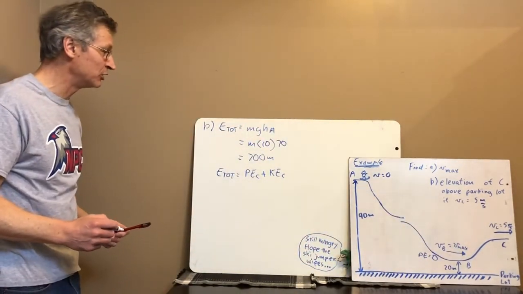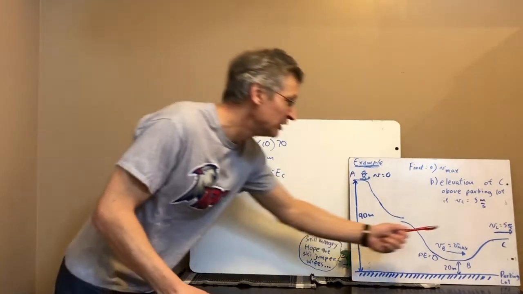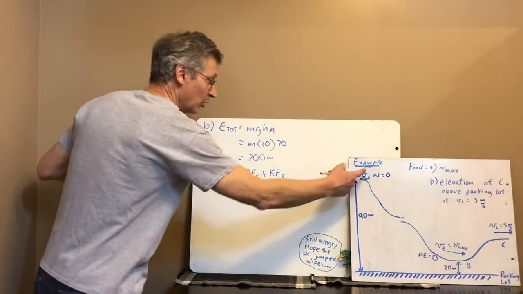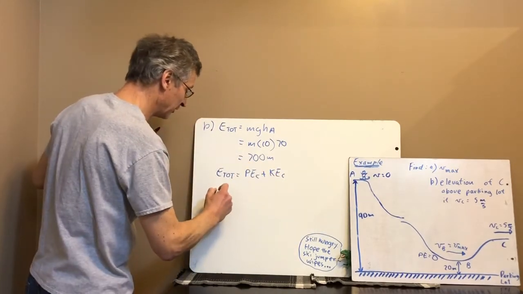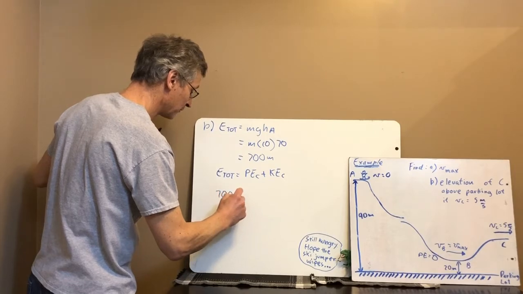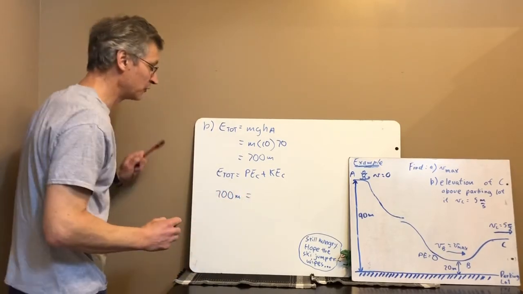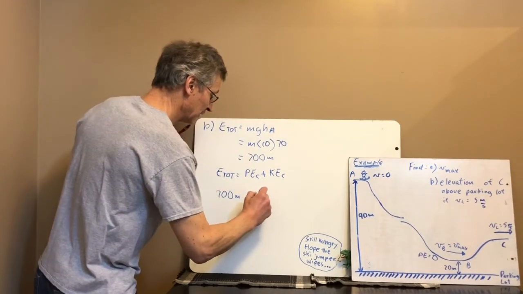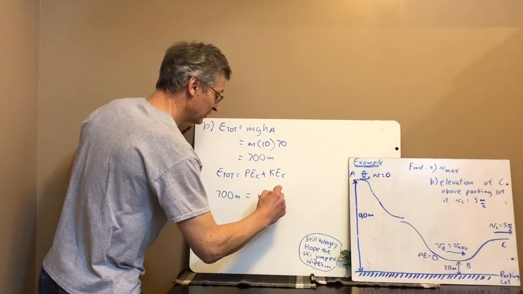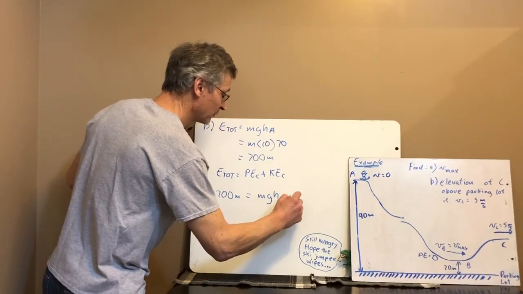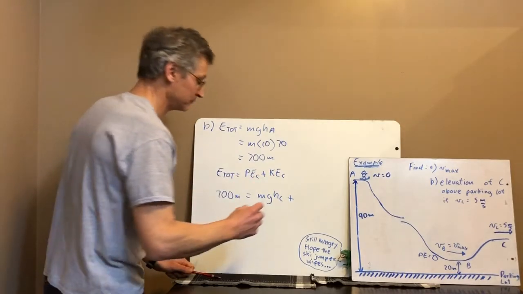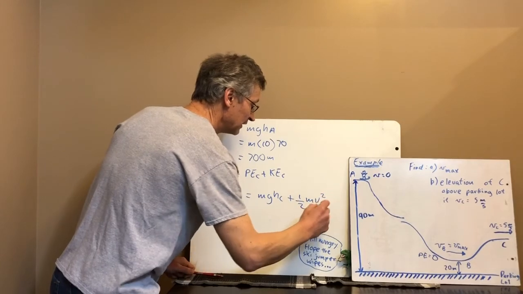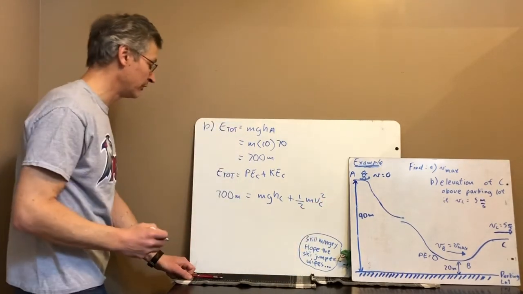Now remember, whatever energy you start with, that's the energy you end up with. So their total energy right here, which we calculated to be 700 times the mass, is going to equal their potential energy at C, which is going to be the mass times the gravitational field times the height of C, plus the kinetic energy at C, which is going to be half the mass times the velocity at C squared.